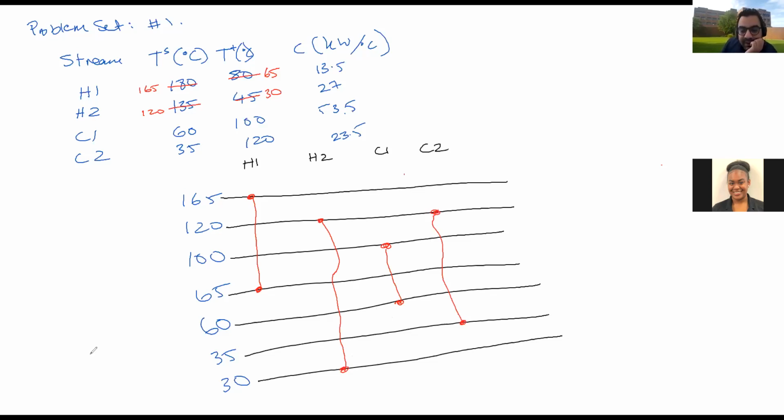This way I can identify which stream covers which interval, because when I arranged my temperatures from highest to lowest, I can see this is my first interval, this is my second interval, third, fourth, fifth, and sixth. So I have 6 intervals in this system, and I know which stream covers which interval.